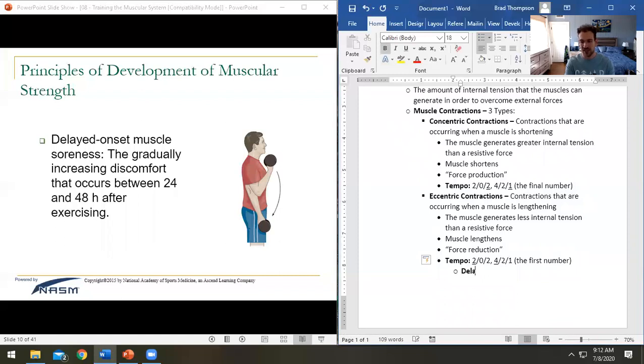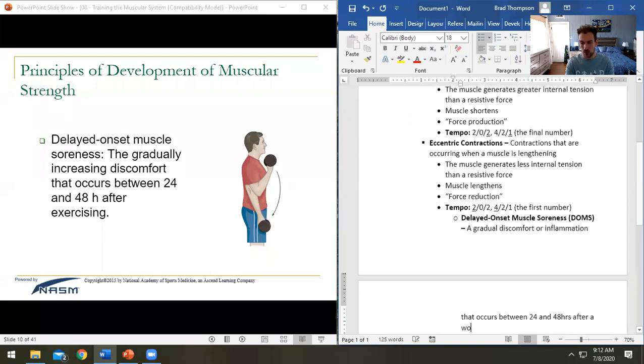Delayed onset muscle soreness, more commonly referred to as DOMS, is a gradual discomfort or inflammation that occurs between 24 and 48 hours after a workout.